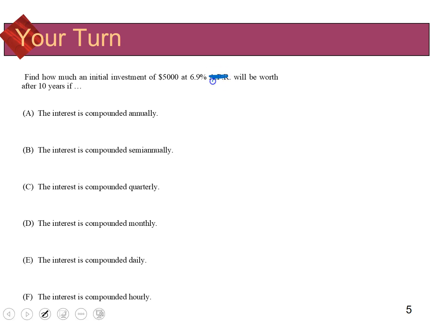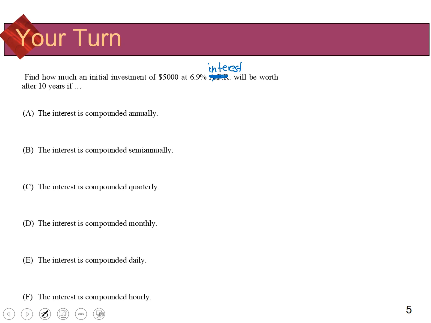We'll just say interest, because an annual percentage rate is actually different than the nominal rate. If I take 6.9 and compound it anything but annually, I'm going to have a slightly different value for the annual percentage rate than the actual 6.9%.